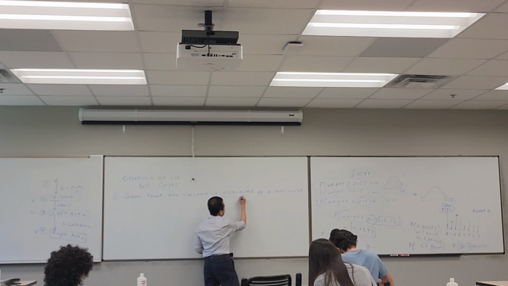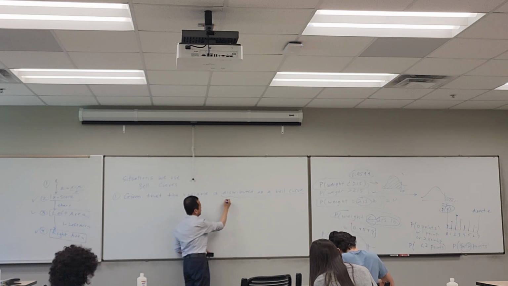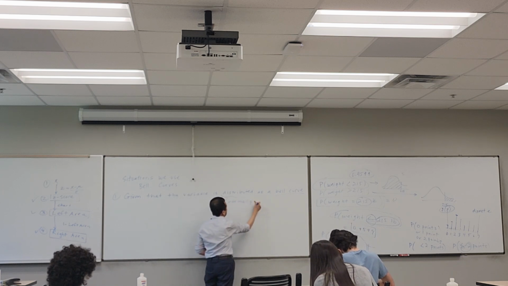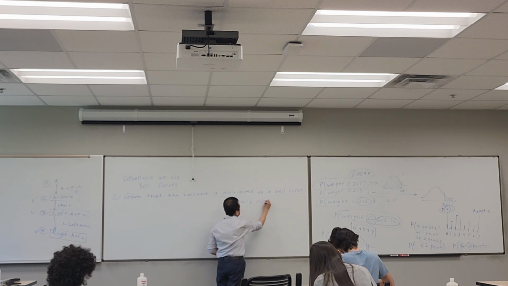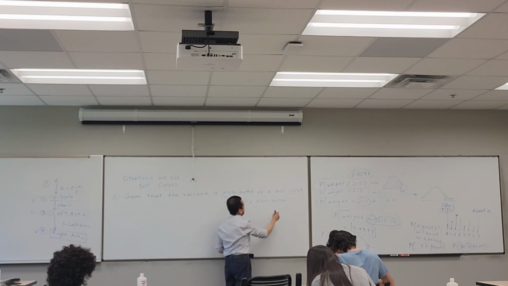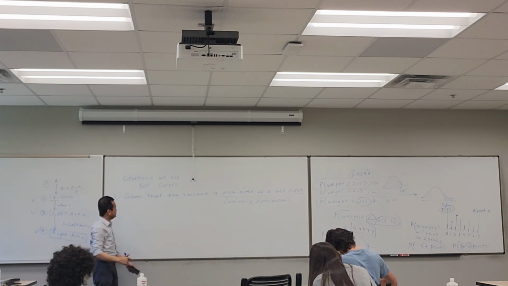So distributed as a bell curve, another way to say that is normally distributed. Because a normal distribution is a bell curve.